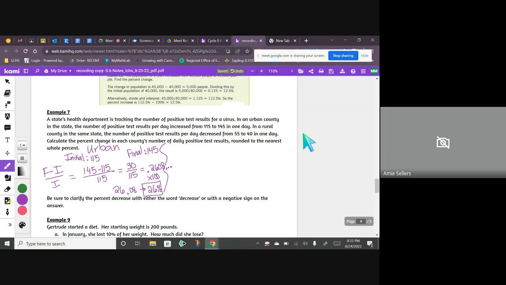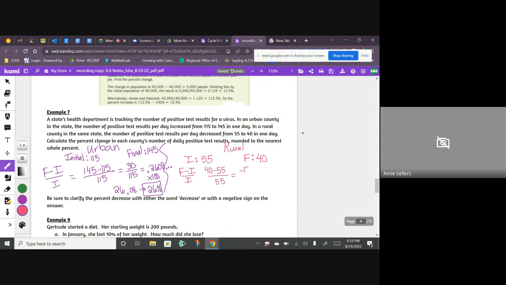For the rural county, their initial amount was 55. Their final amount was 40. So if we do final minus initial divided by initial, we have 40 minus 55 divided by 55.